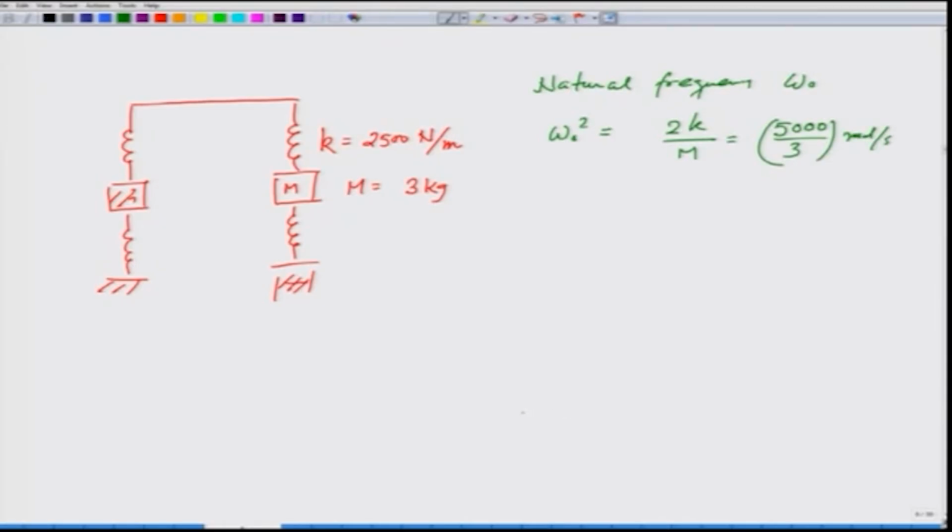And as the beam moves, this distance is L by 2, theta t is given to be theta 0 sine of 20 t.